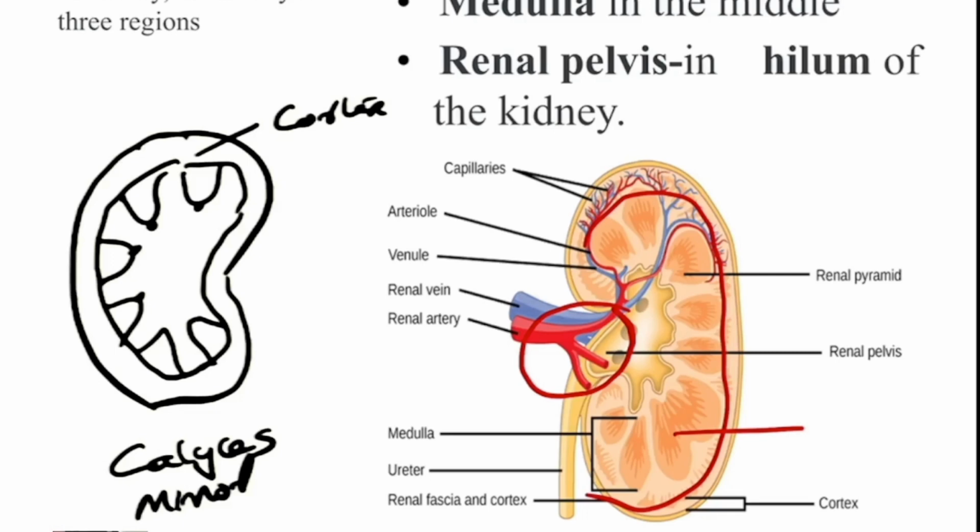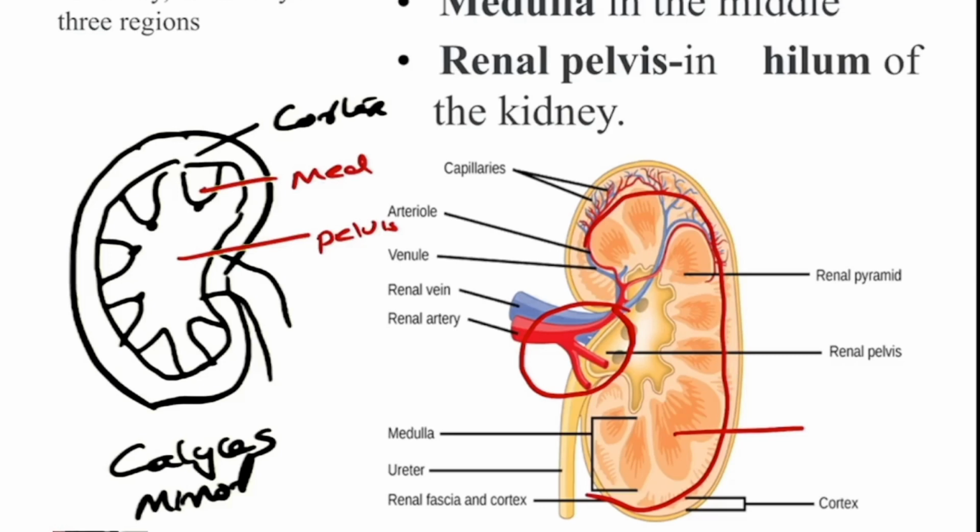From the major calyxes, the ureter is arising. So internally, kidney has got 3 parts. One is the cortex, second is the medulla, and third part is the pelvis. Hope this point is clear to you.